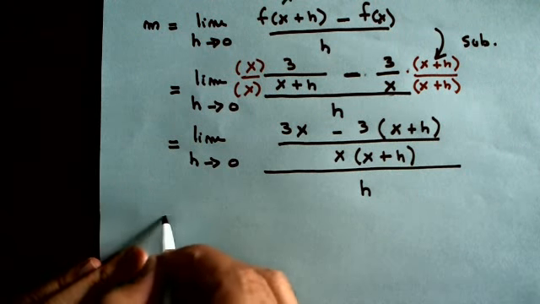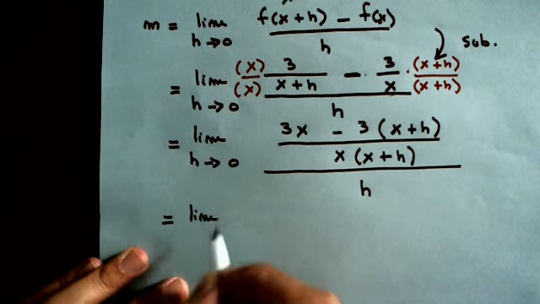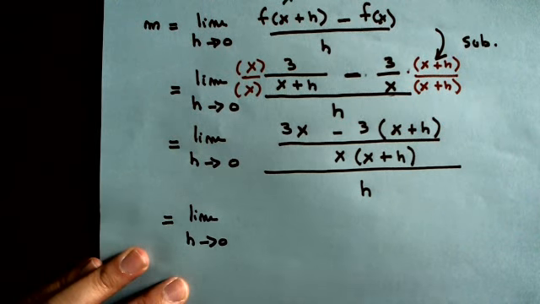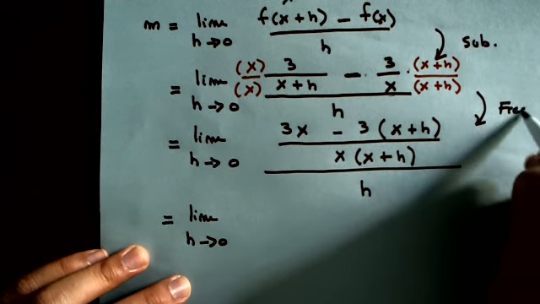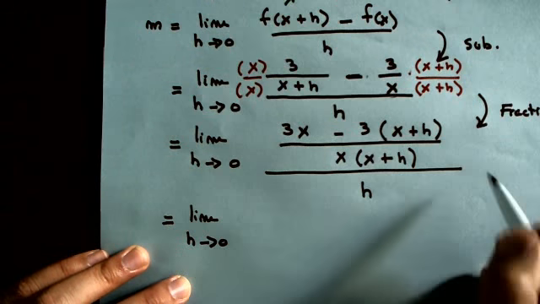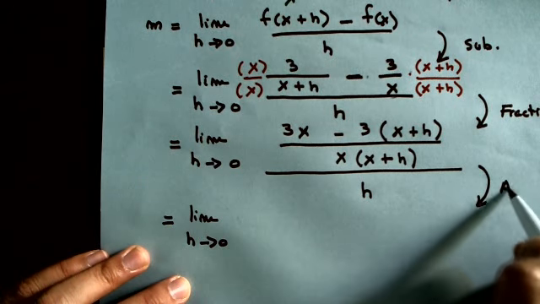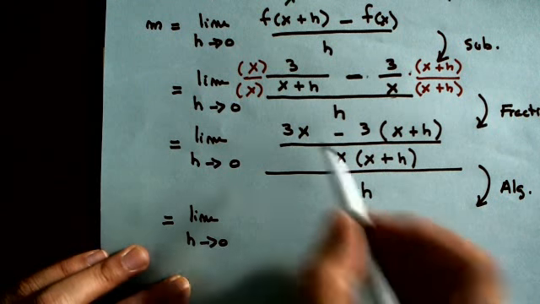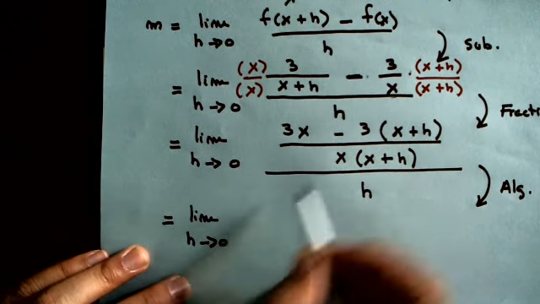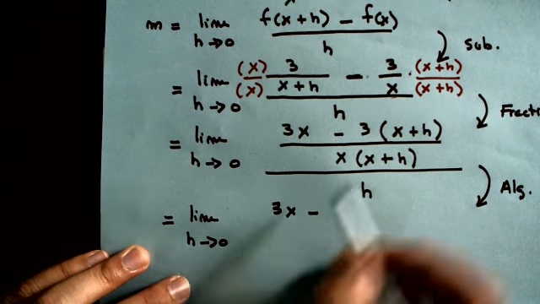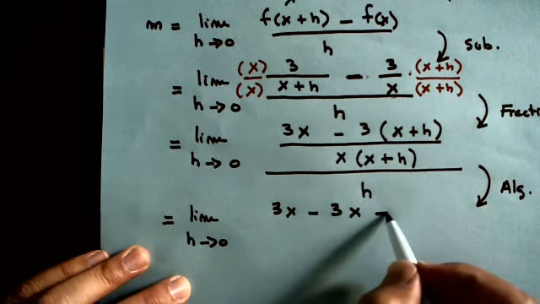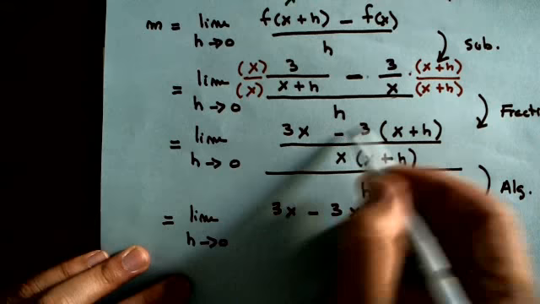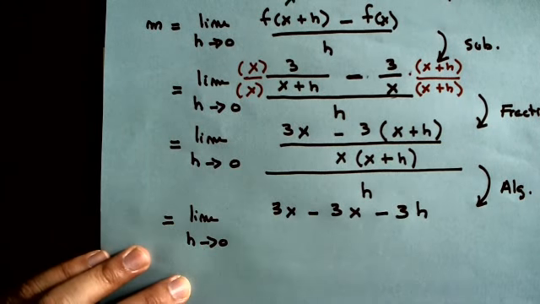From here to here we took care of the fraction, and now we're going to do some algebra to simplify our work. On top you're going to have 3x minus 3 times x and minus 3 times h, so minus 3h. Remember, it's called the distribution property.